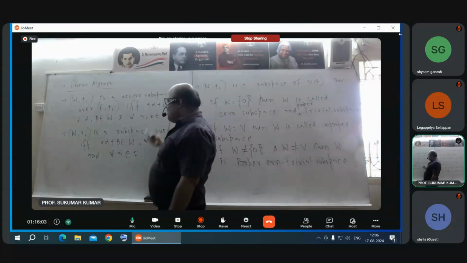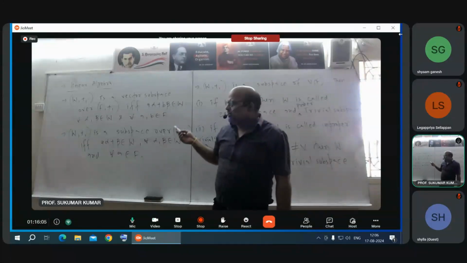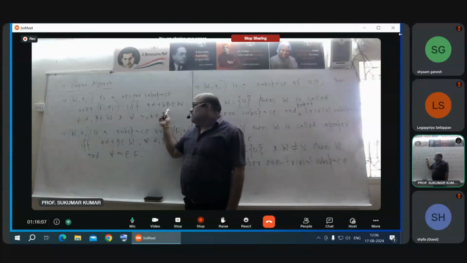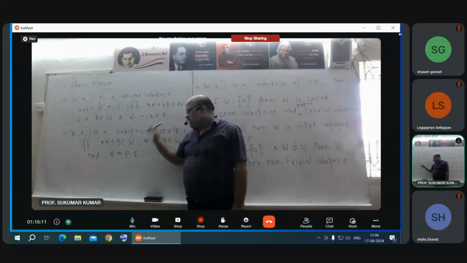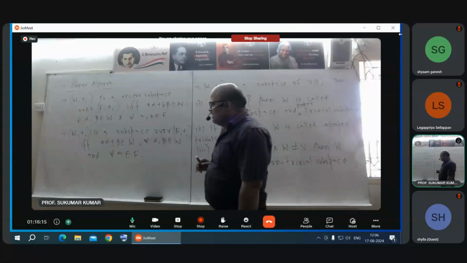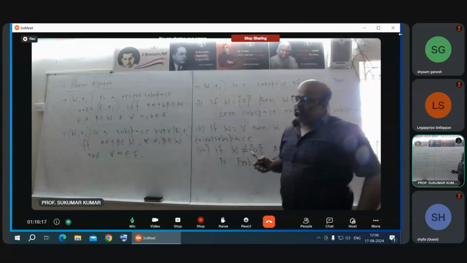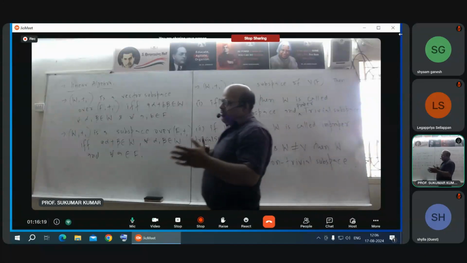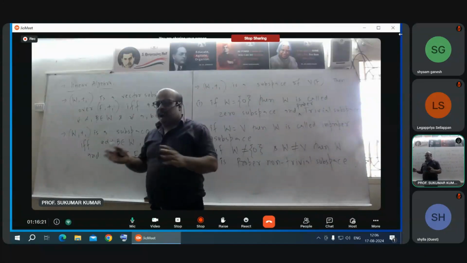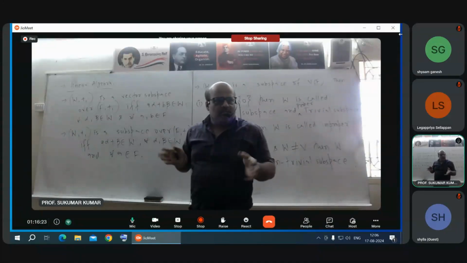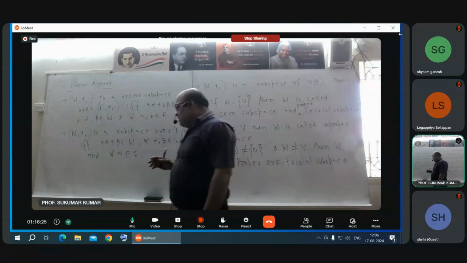This also is two properties coming from the last theorem only. Just writing together: a alpha plus b beta, with scalars, closed under addition and scalar multiplication together. In the exam hall or anywhere, if you do not want to show them separately, showing that a alpha plus b beta belongs to W means both properties are satisfied.